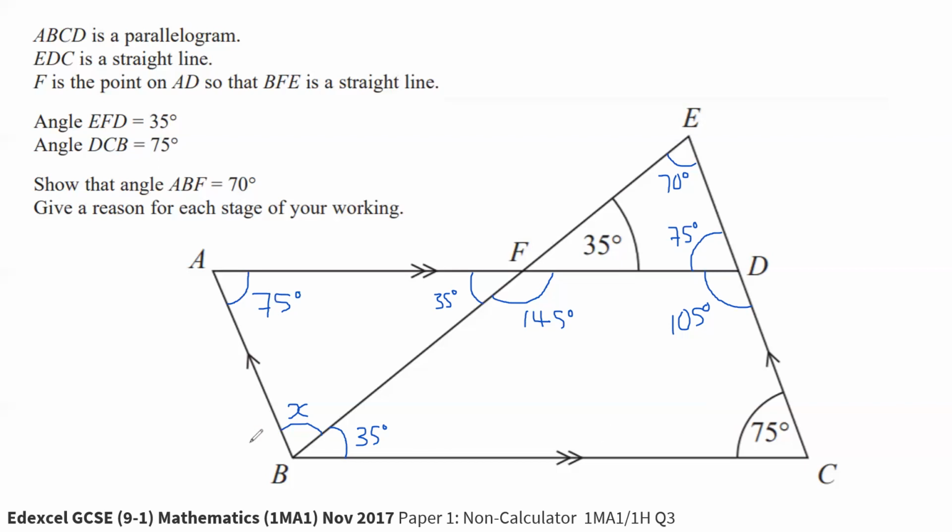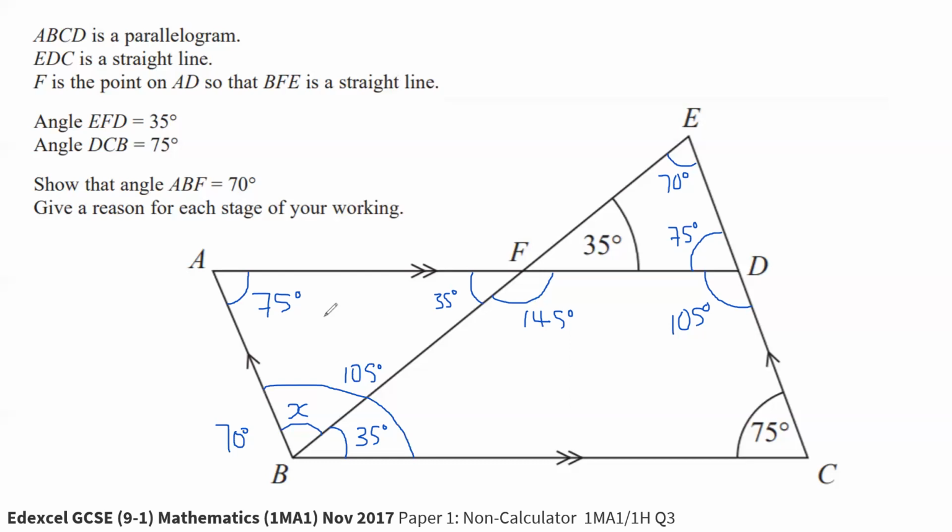And then we've now got two different ways where we can work out what X is. We could say that this angle here is 105, which means that this total, very large angle, will be 105 degrees. And therefore, angle X will be 105 minus 35, or 70 degrees.